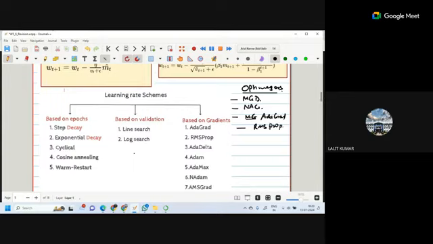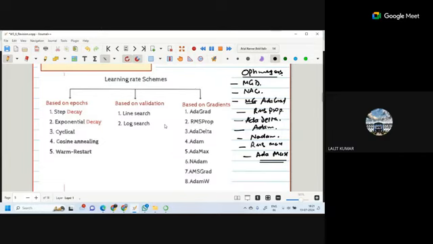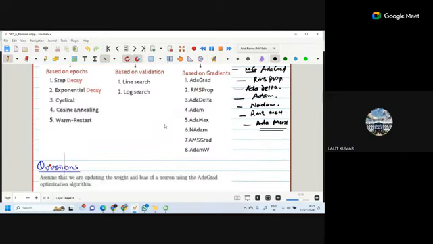Please know the characteristics of these algorithms, since there might be questions on these concepts: AdaDelta, their advantages and disadvantages, then Adam, then NADAM, then RMS max, and AdaMax, which is basically Adam but taking the max values. Finally, the learning rate schemes are correlated in this slide. With this, the week 5 main concepts are covered.